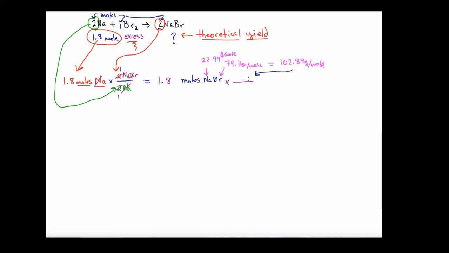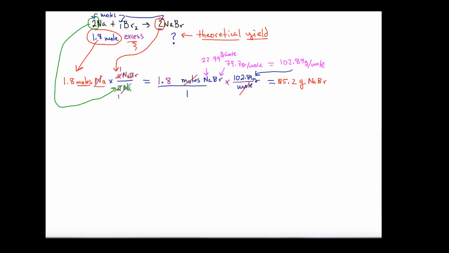This goes into this fraction now. All right, and we see that the sum total then, when you multiply these out, so this is going to be over 1. We see moles cancels with the moles here, and we're going to end up with grams of NaBr over here. All right, and what you should have gotten here is going to be about 185.2 grams after you run the calculation.